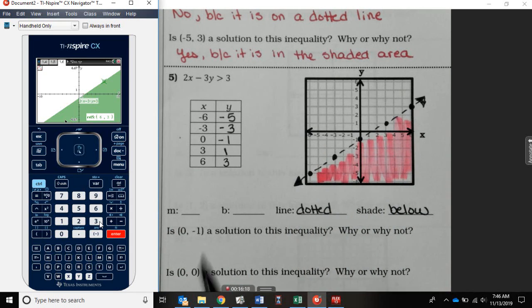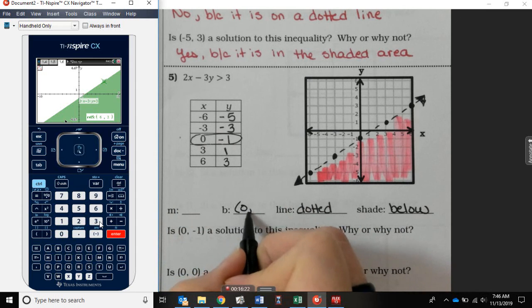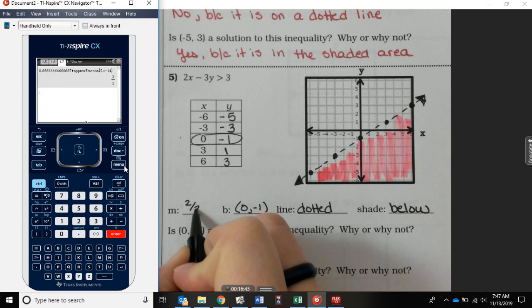My y-intercept, I can see right here, is 0, -1. And my slope, remember, menu 6, 5. And I hover over that line, and again, it's 0.6 repeating. And remember, I said that was a special decimal that you have to remember. 0.6 repeating is 2/3, and if you put a whole bunch of 6's in menu 2, 2, it will tell you 2/3.